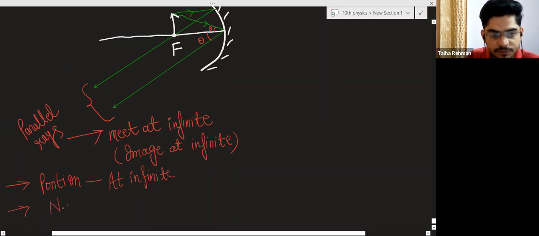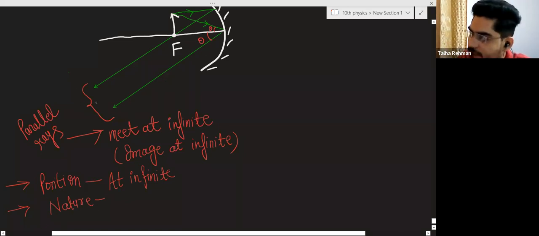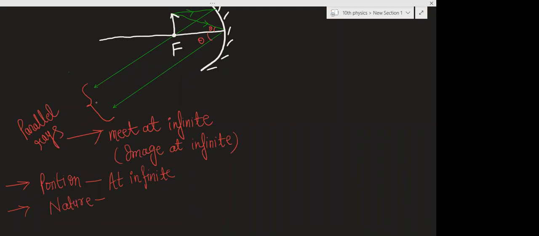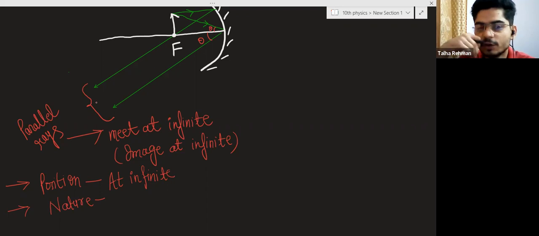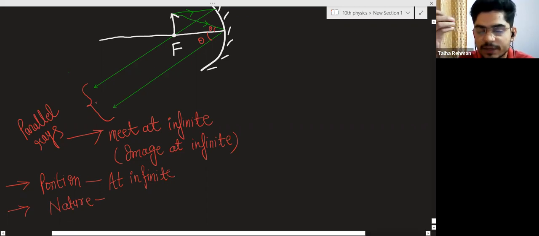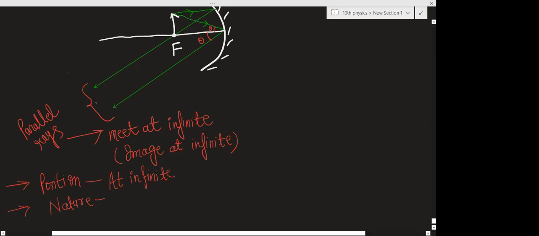Nature. Now Azaan, these rays will actually meet at infinity. Or you could say these rays are dotted lines, that they just appear to meet.